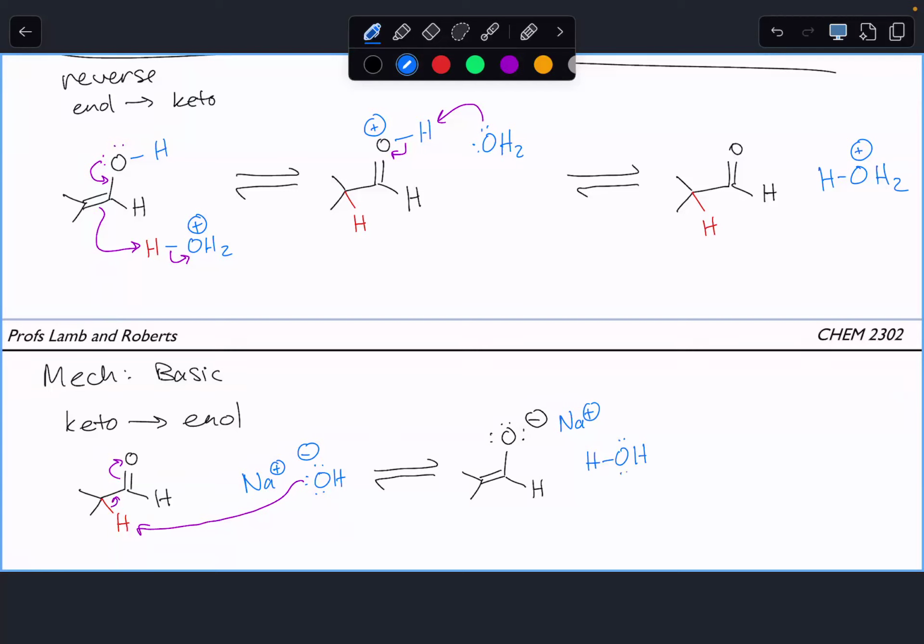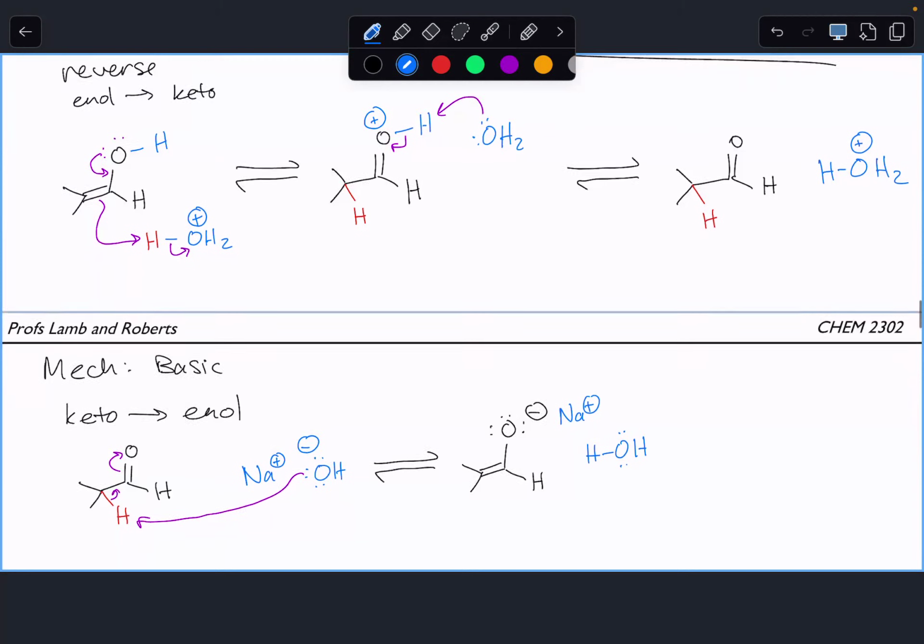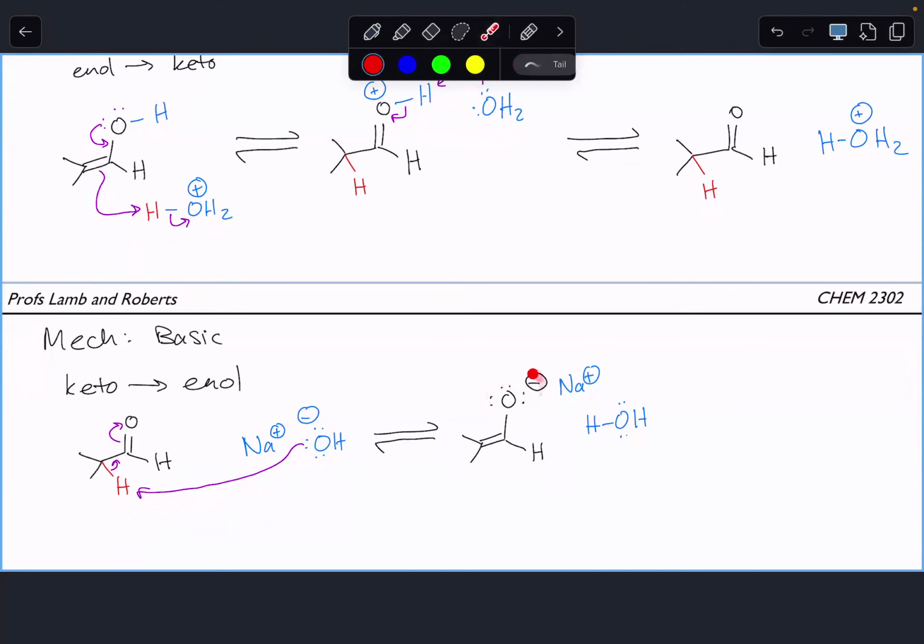Okay, so that was our deprotonation. Now we need to protonate. We better protonate this negatively charged thing, right? So that oxygen is just going to grab the proton.